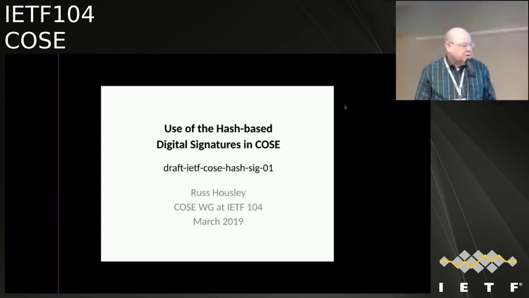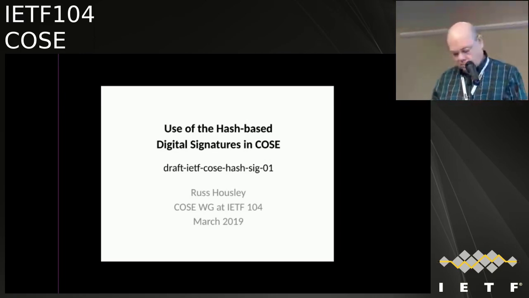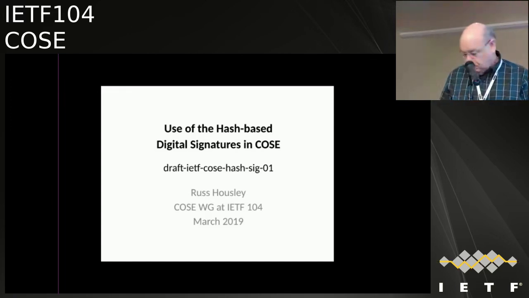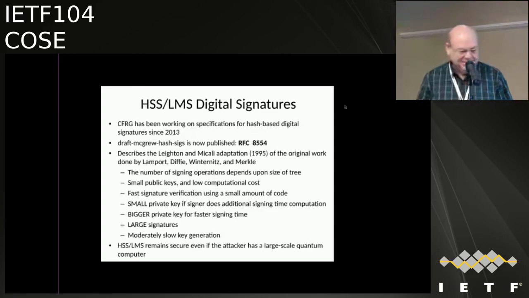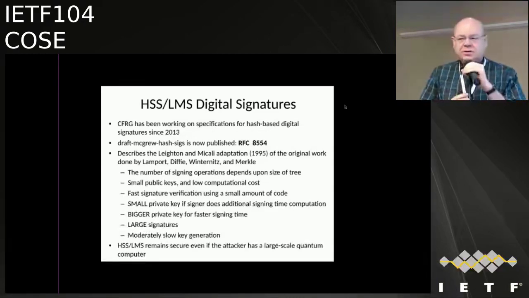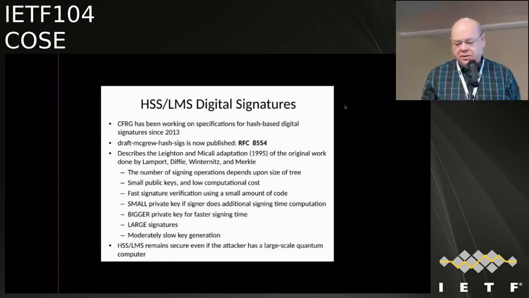Russ Housley: I'm going to talk about the use of hash-based signatures. Okay, so the CFRG has been working on hash-based signatures since 2013. Basically the draft for the algorithm HSS LMS is in the RFC editor's queue.